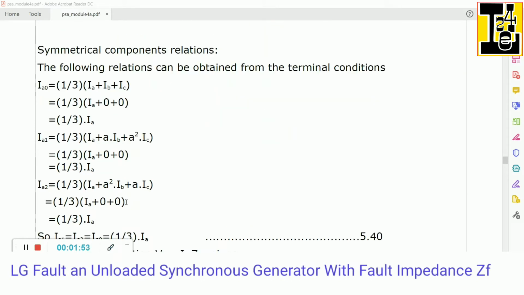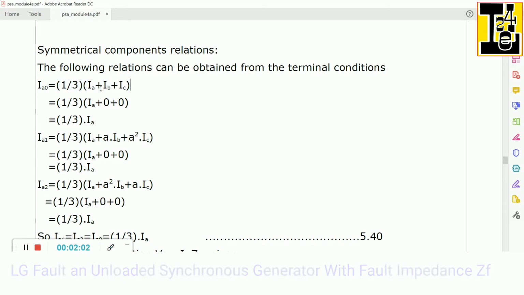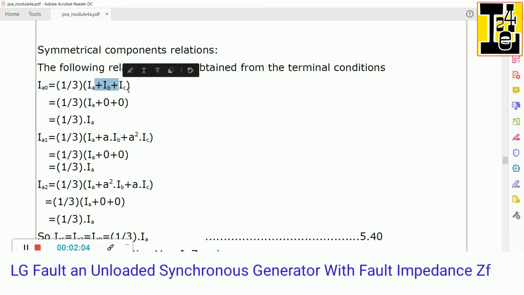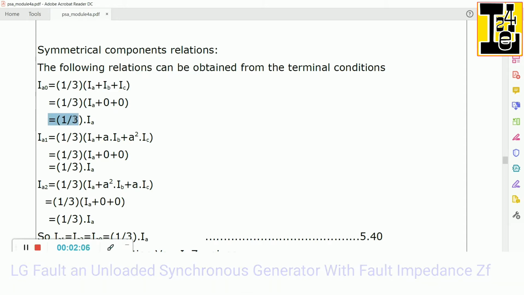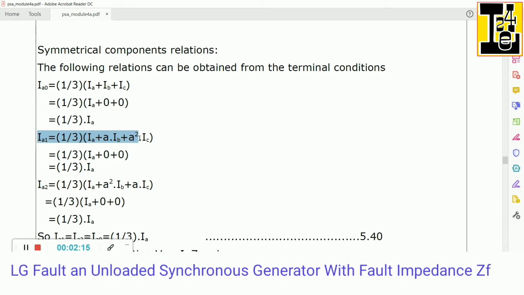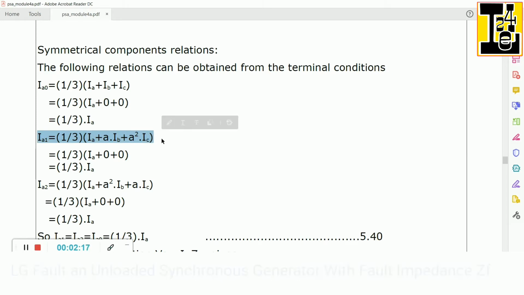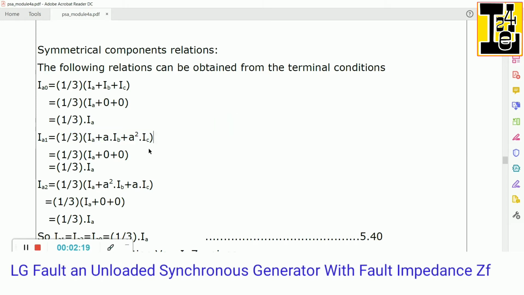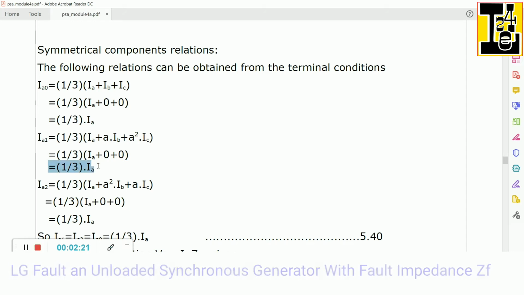Let us find the symmetrical component relations. IA0 equals 1 by 3 into bracket IA plus IB plus IC. As IB and IC are 0, after substituting we will get IA0 equals 1 by 3 into IA. IA1 equals 1 by 3 into bracket IA plus A IB plus A square IC. Substituting IB and IC as 0, we will get IA1 equals 1 by 3 into IA.